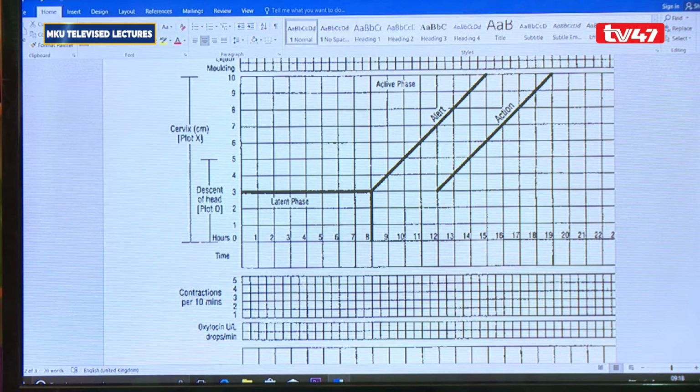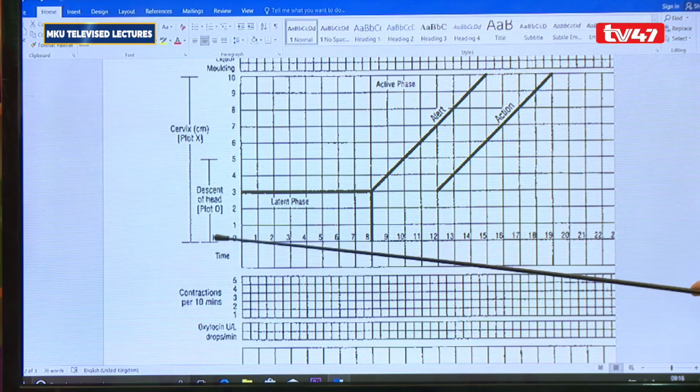For the baby to be born, the cervix must dilate, and it dilates from 0 centimeters to 10 centimeters. So on the y-axis, we have the cervical dilatation, which is 0 to 10.